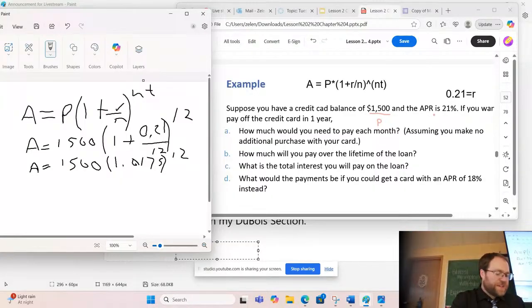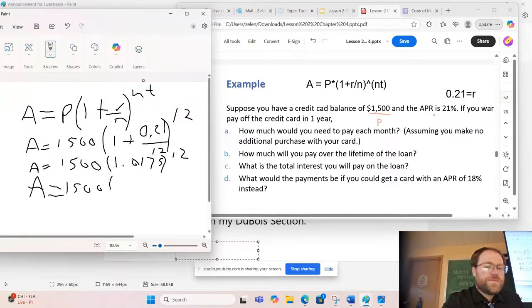If you raise that to the 12th power, you get 1.231439 and so on.